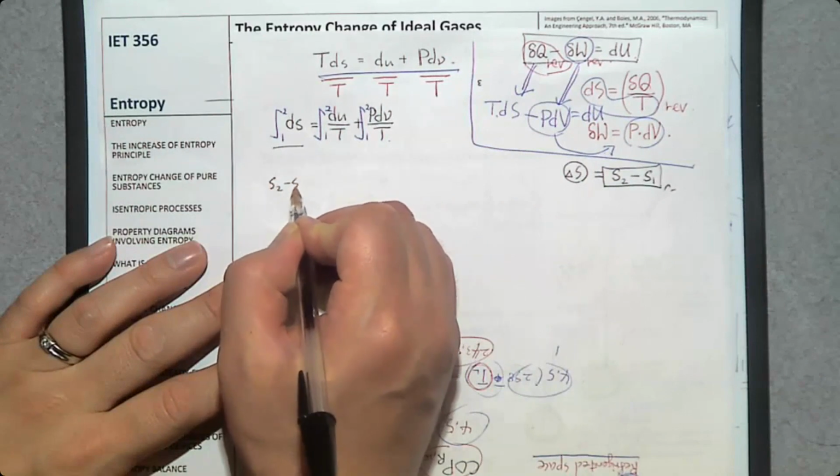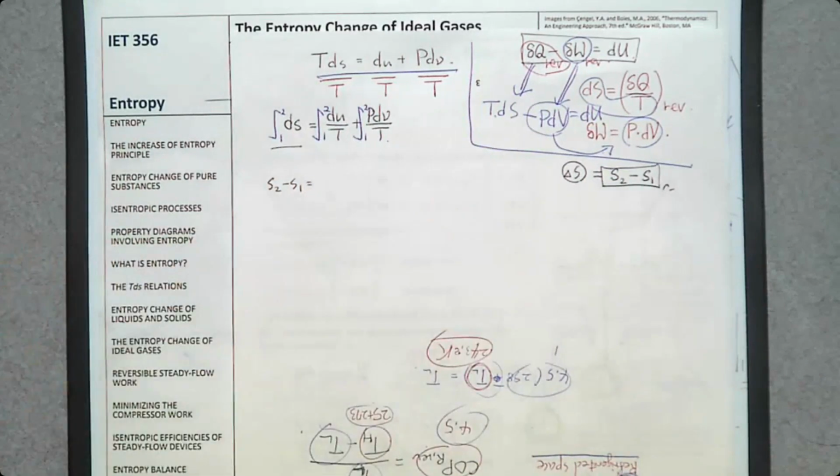S2 minus S1. What about this? Can you integrate du over T? No, we can't, unless you know the relation between T and u. So, to integrate this one, we need to know the relation between T and u. Is there any equation that has u and T together?